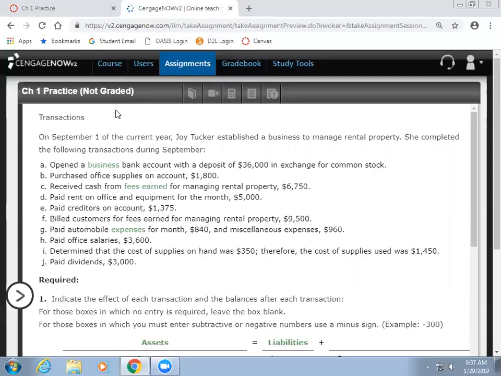As review, I will write our little accounting equation here on the board. Of course, it's on the screen too. Assets equal liabilities plus stockholders' equity.